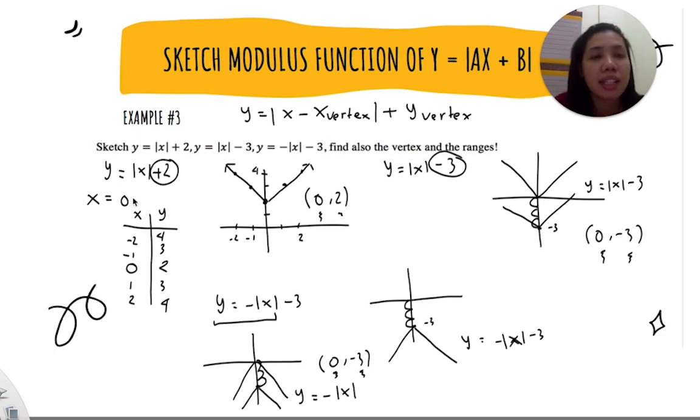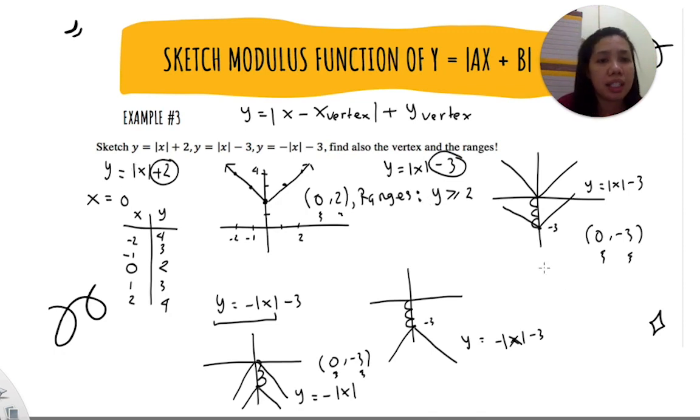So the range for this first example is y more than or equal to 2, because the y coordinate is 2. So it starts from 2 and then goes upward. Why upward? Because we have a positive sign in front of the absolute. So the slope of the function is open upward.